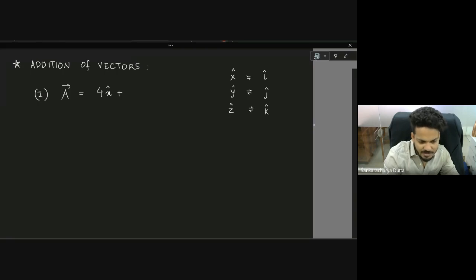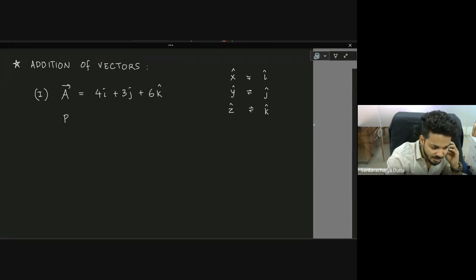You might have seen this in some of your textbooks. No need to worry, these are just alternate symbols sometimes used for the x, y, z directions. So I'm going to use the new system: a vector is 4i cap plus 3j cap plus 6k cap, let's say. I'm going to stick to 2D only, but just for this one example I'm going to take 3D. Let's take b vector as minus i cap plus 4j cap.